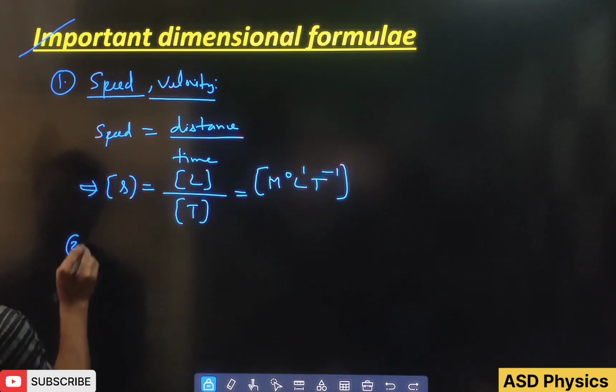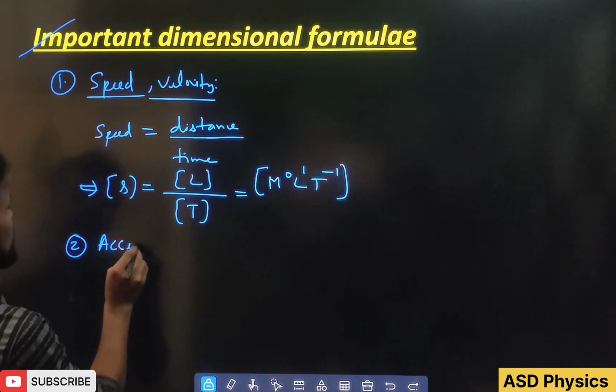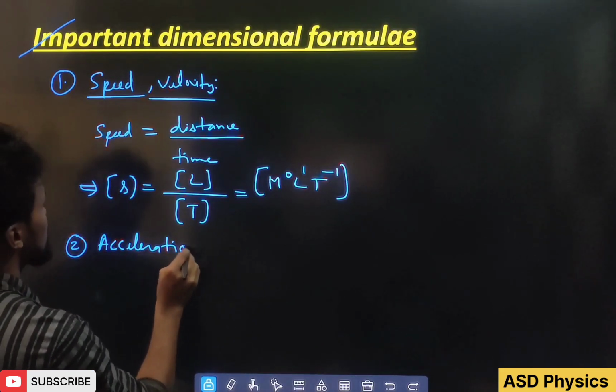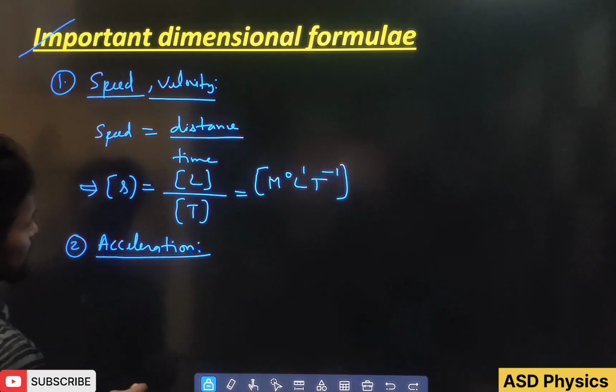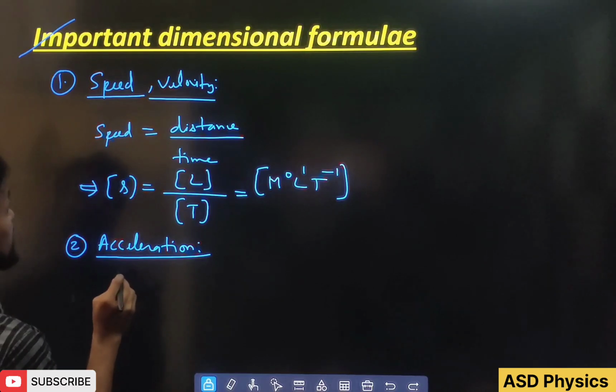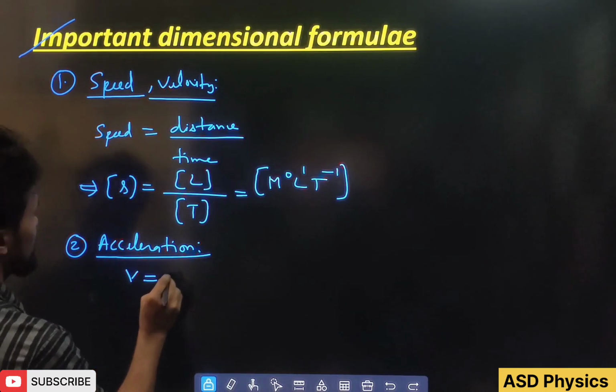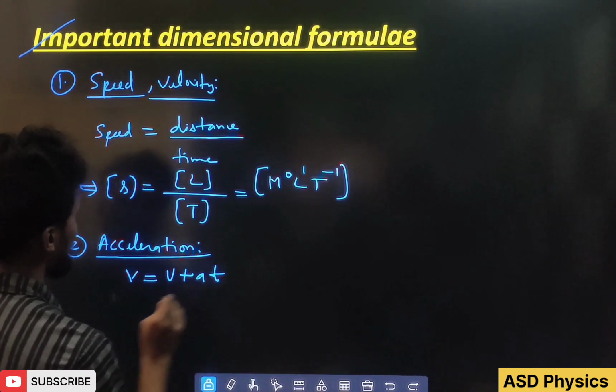After that, if I write the acceleration, for this we should first know the formula. One formula we will use: V equals U plus AT.